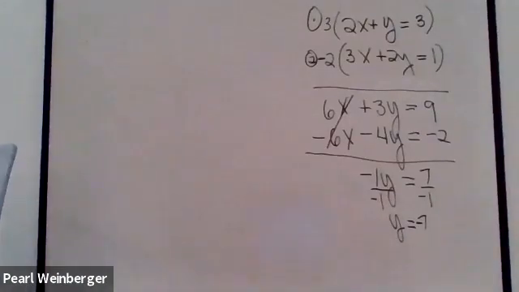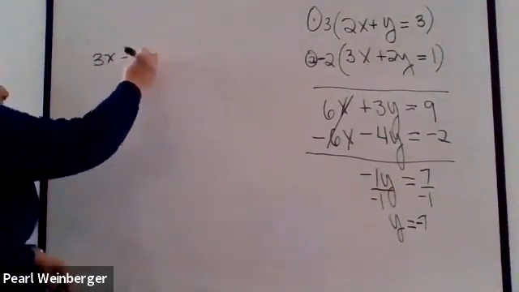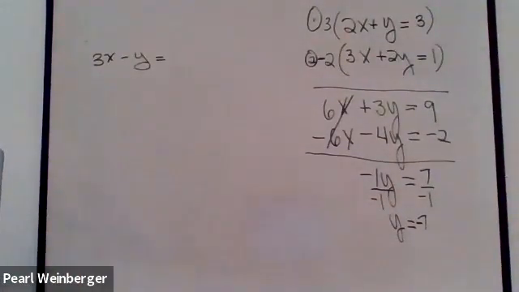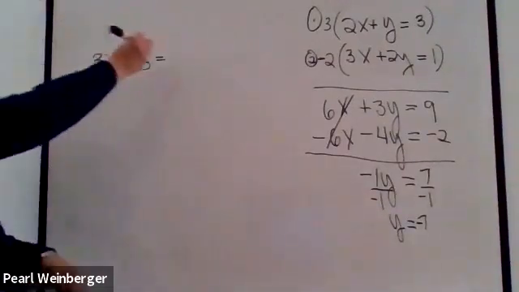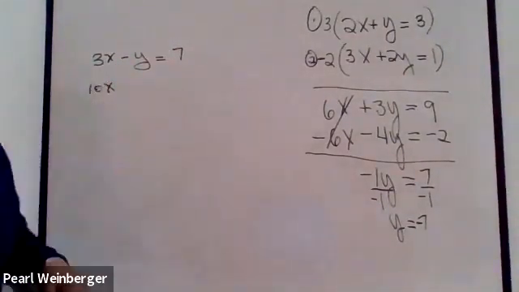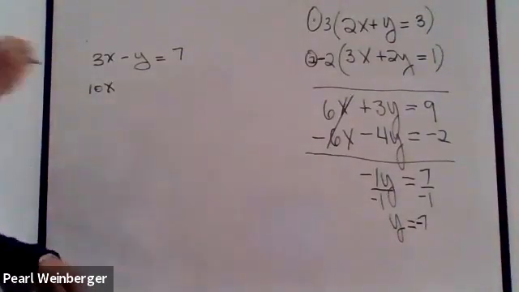Okay, so let's say I have this system of equations. 3x minus y equals 7, and 10x minus 5y equals 25.